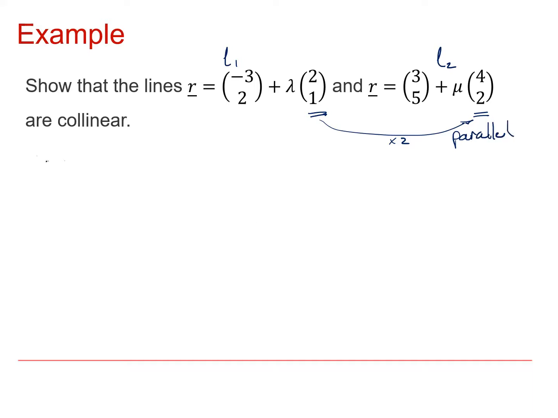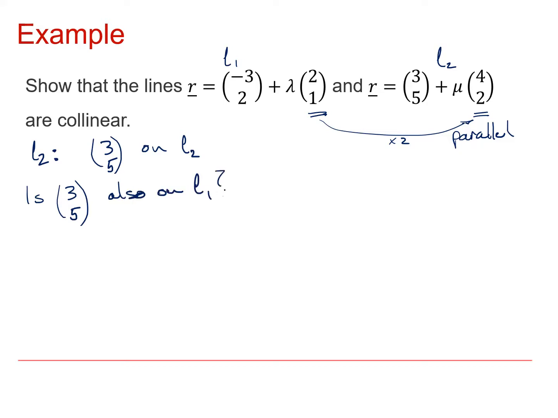I now want to know if they share a point. So if we think about L2 for a second, we know that 3, 5 is on that line. And the question then is, is 3, 5 also on L1? Now for 3, 5 to be on L1, we must have a value of lambda for which -3 plus 2 lambda is equal to 3. And that would give me that lambda equals 3.